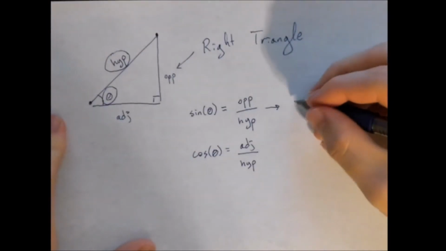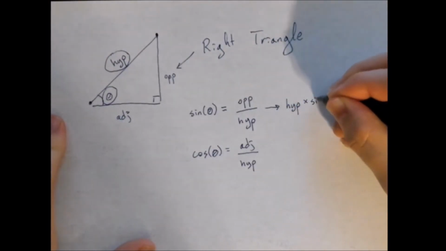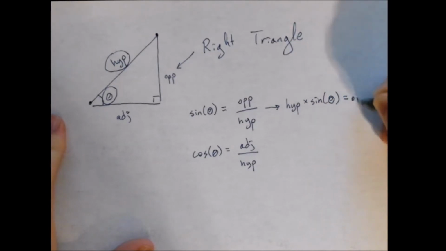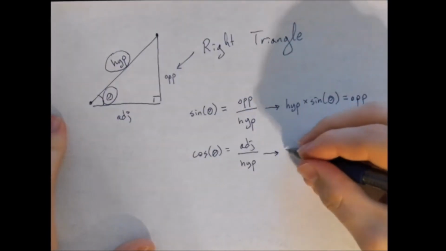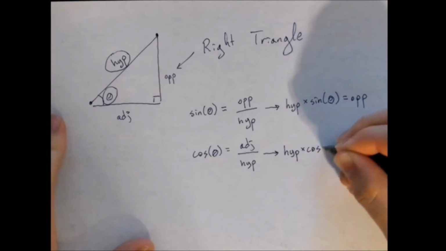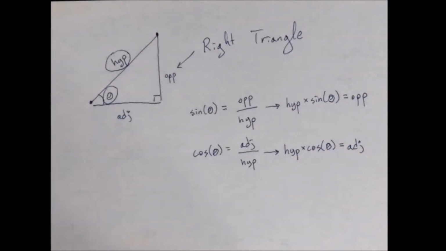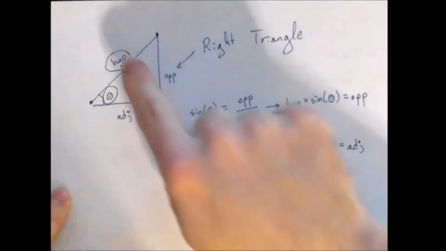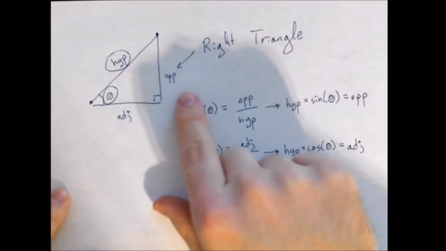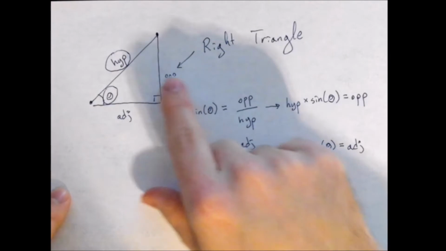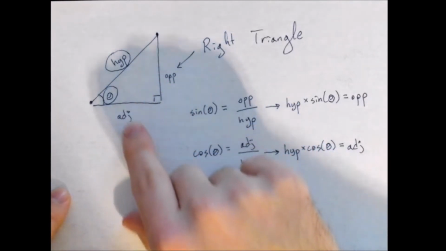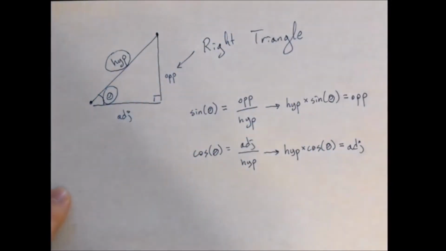This means you can rewrite these as hypotenuse times sine of the angle equals the opposite side, and hypotenuse times cosine of the angle equals the adjacent side. So if you know the length of that hypotenuse and the angle over here in the triangle, you can always find the length of the opposite side and the adjacent side to that angle.